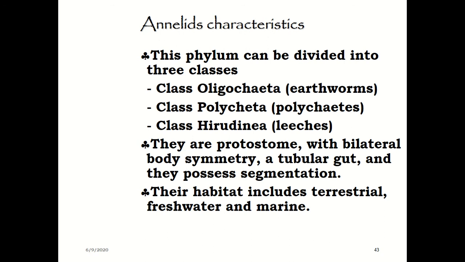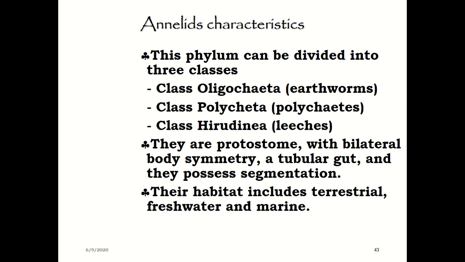So they are also protostomes, as I mentioned earlier, because they form a spiral holoblastic cleavage, and they also have bilateral body symmetry, a tubular gut in their digestive system, and they possess segmentation. Okay, different from phylum Mollusca just now, which does not have segmentation, phylum Annelida does have segmentation. But however, these two have a similar bilateral body symmetry and also a tubular gut.